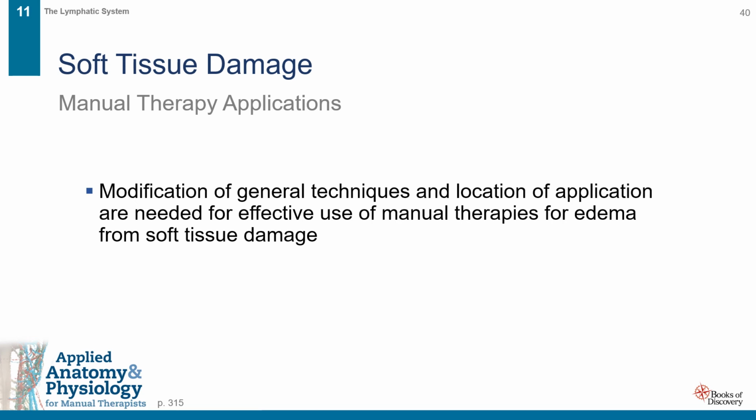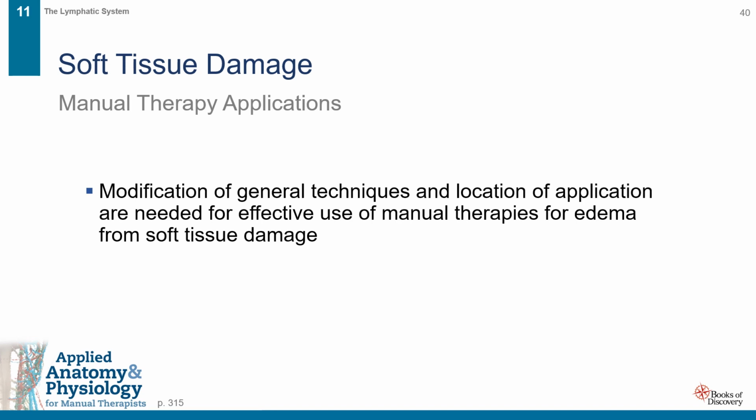But applying a combination of gliding and kneading strokes proximal to the edema may help to reduce swelling slightly by shifting interstitial fluid into areas of undamaged tissue where the number of lymph capillaries available for fluid reabsorption is higher.